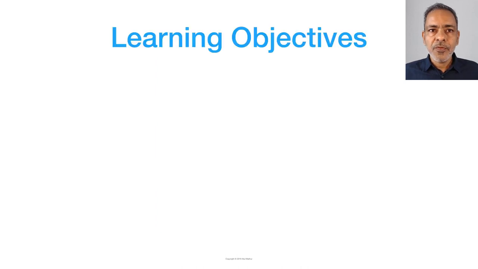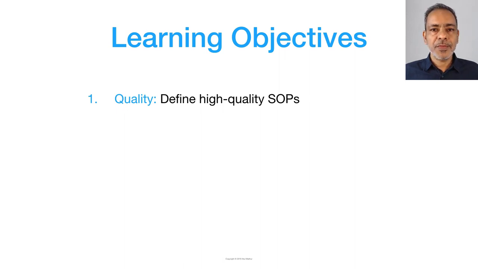So there are 4 learning objectives of this course. It is important to understand what do we mean when we say high quality SOPs. So the first learning objective is to define high quality SOPs.